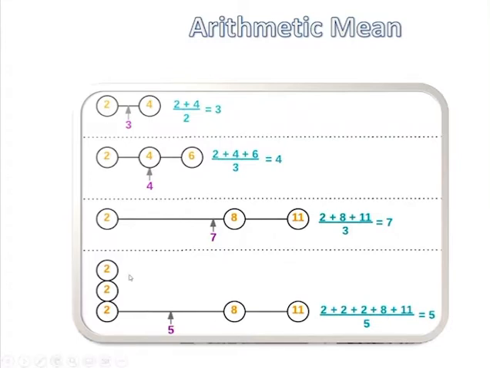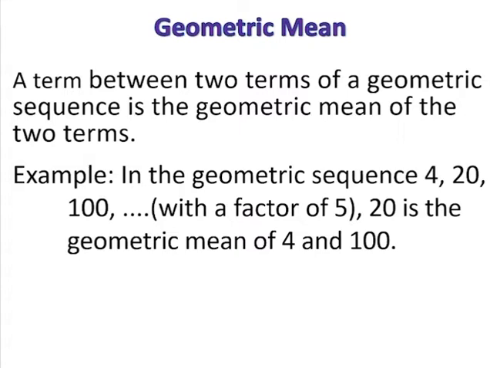With a situation where I have a repeated observation, like 2 repeated 3 times and you have 11, the mean here is 5. So for the data point, the center is indicated. And we are talking about the geometric mean.